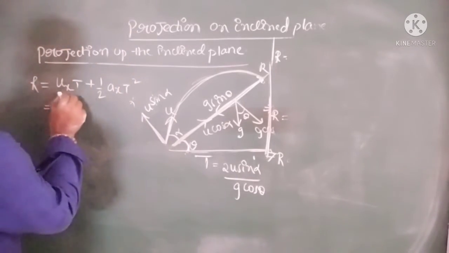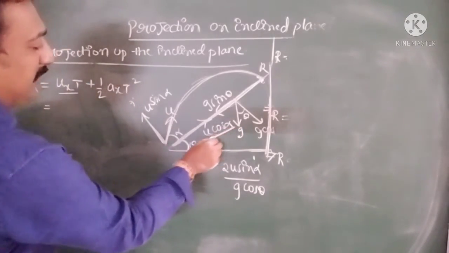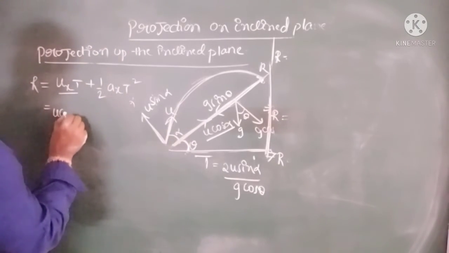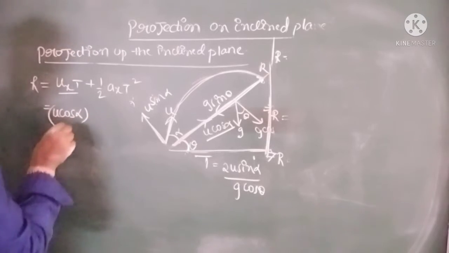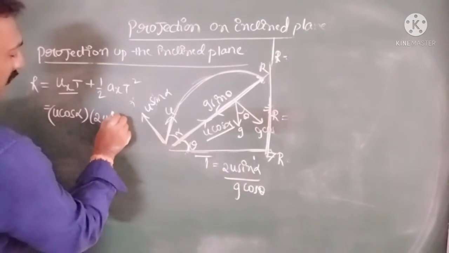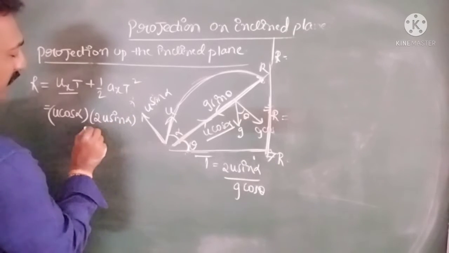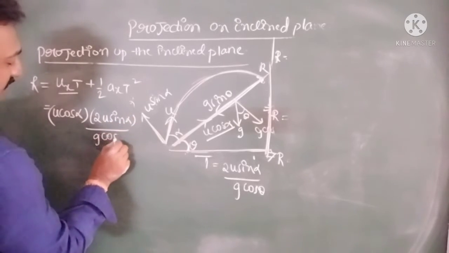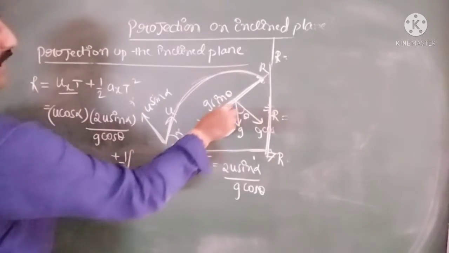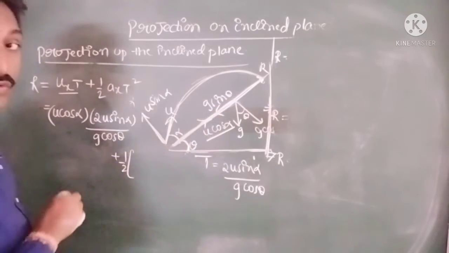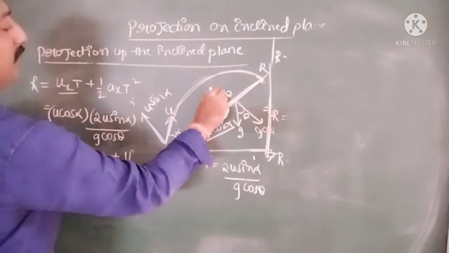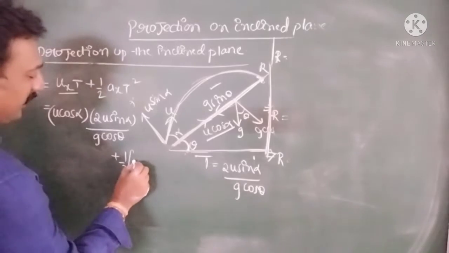So u_x, the component of velocity along the x axis, I can take as u cos alpha, into the time, 2u sin alpha divided by g cos theta, plus half into the acceleration which retards the motion of the body along the x axis, that is g sin theta.